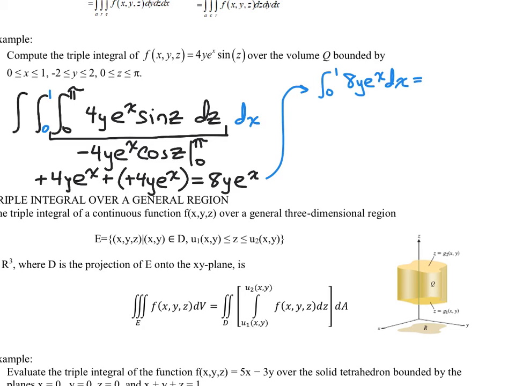Fortunately, the antiderivative of e to the x is e to the x. So this just becomes 8y e to the x over the interval of 0 to 1. All right, so that becomes 8y e to the x minus 8y e to the 0th. E to the 0th is 1, so 8y.